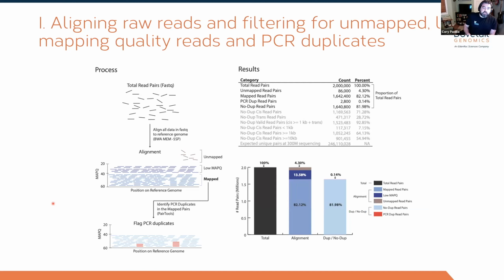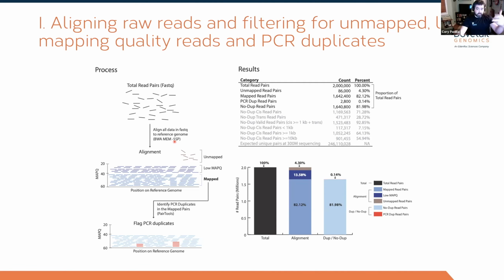We'll start with aligning the raw FASTQ data onto a reference genome. We do this using BWA-MEM with the -5SP flag. What this is essentially saying is you're going to start reading from the 5' end of the molecule.